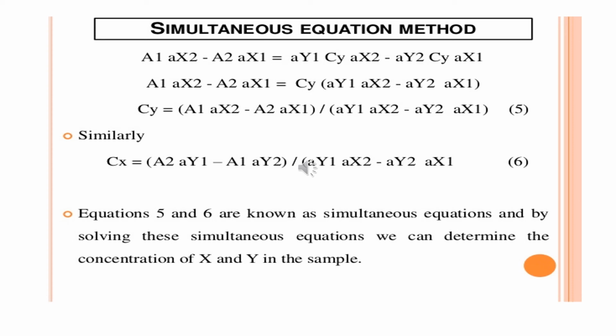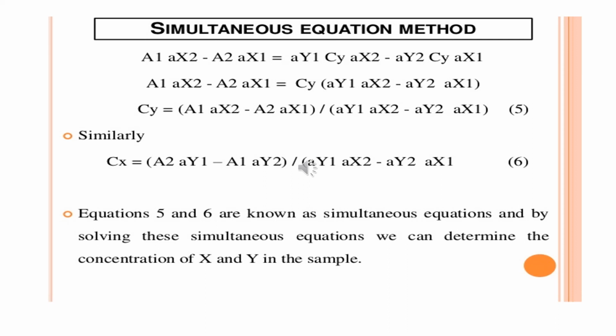Next, A1 Ax2 minus A2 Ax1 is equal to, we take Cy out of the bracket, so we get Cy in bracket Ay1 Ax2 minus Ay2 Ax1. Solving for Cy, Cy is equal to, in bracket, A1 Ax2 minus A2 Ax1 divided by Ay1 Ax2 minus Ay2 Ax1.